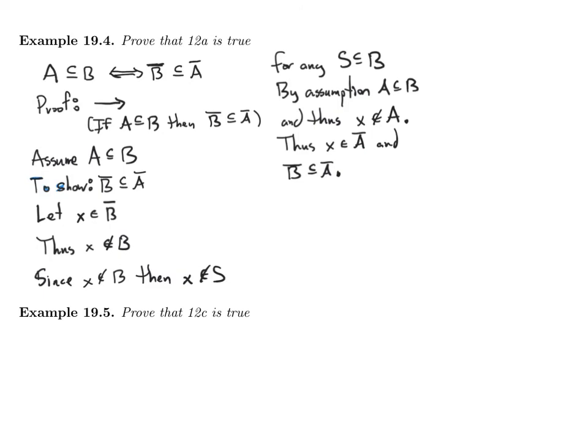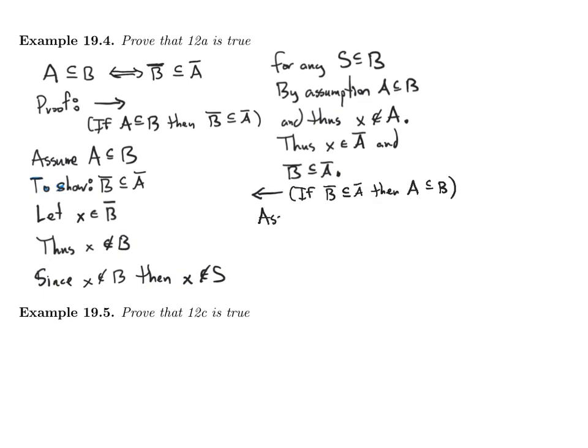Now let's do the other direction, the only if bit. So now we're going to assume if the complement of B is a subset of the complement of A, then A is a subset of B. And it's going to be a very similar proof.